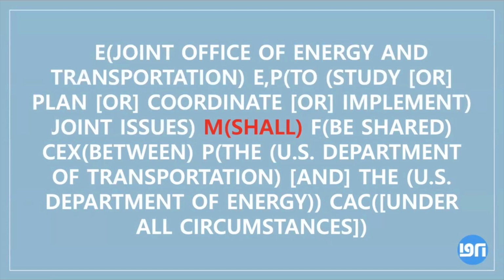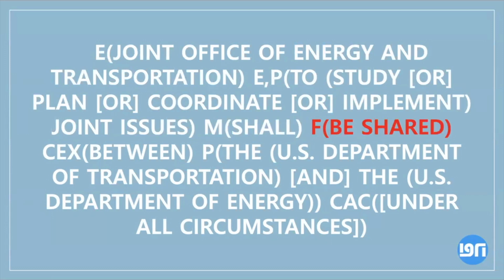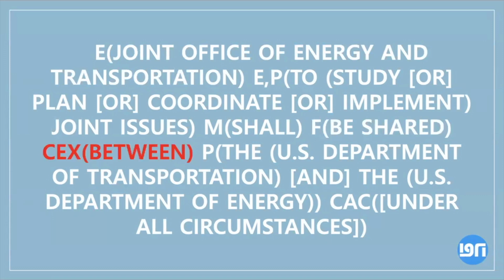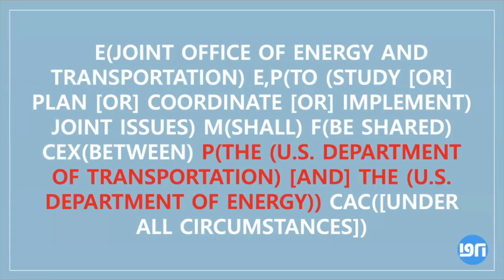Shall is the modal. Be shared is the constitutive function, as it represents the function of sharing. Between represents an execution constraint, since it is qualifying the nature of the sharing. And the U.S. Department of Transportation and the U.S. Department of Energy represents an additional property.